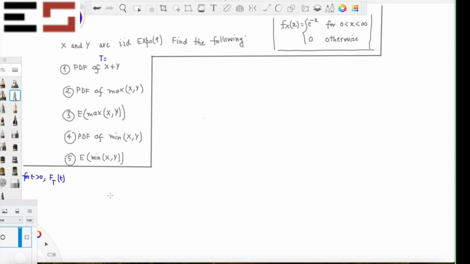Okay, so for t positive, F_T(t) is the probability that x plus y is less than or equal to t, right? Then we can just draw a little picture.